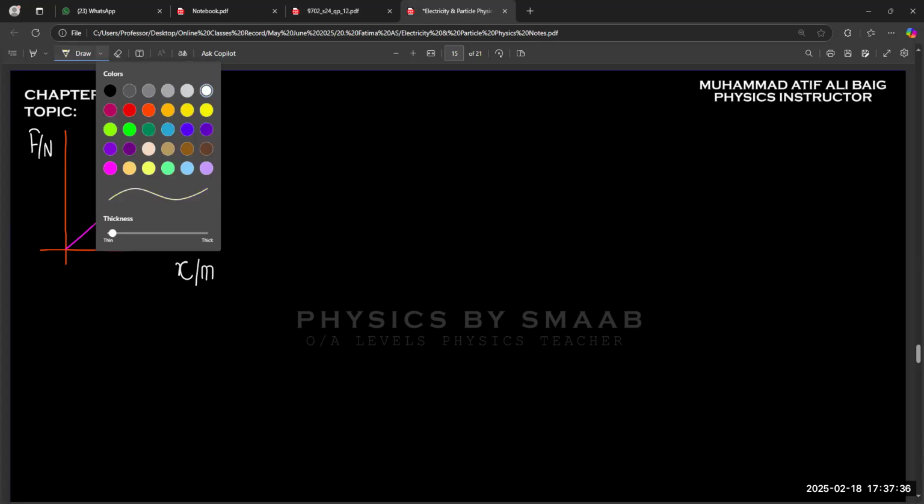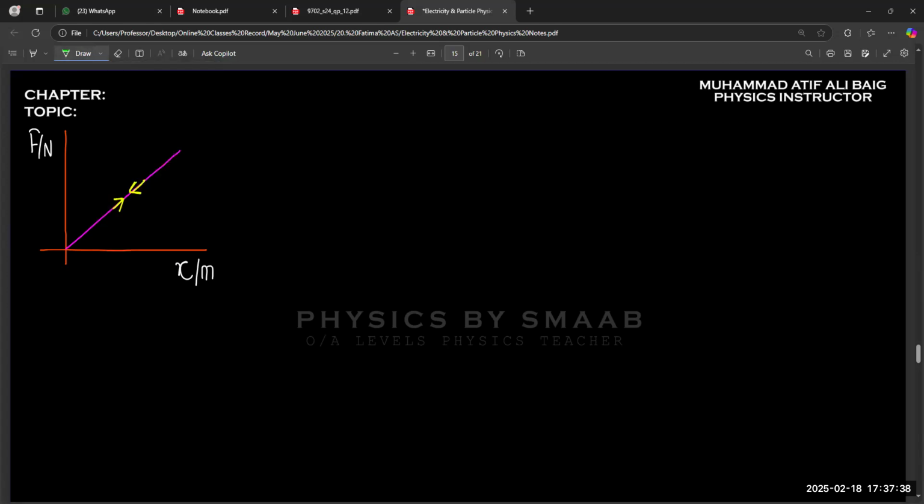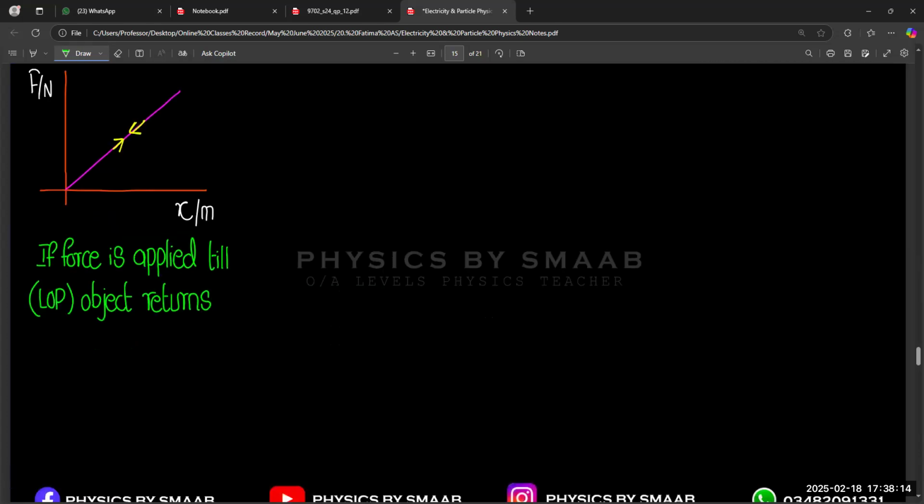So we can say, if force is applied within the limit of proportionality, the object returns to its original length.